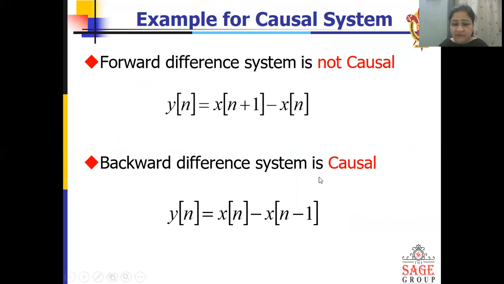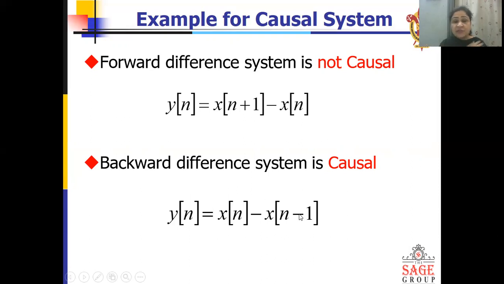Whereas backward difference system is a causal system. Backward difference system is given by this equation, y[n] is equal to x[n] minus x[n-1]. Now say if I take n is equal to 0. Now it will be written as y[0] is equal to x[0] minus x[-1]. That means y at 0 depends on x at 0 and x of minus 1.